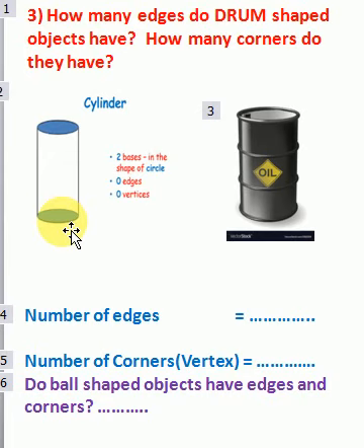One is this one and second one is this. The two bases are circular in shape. So number of edges is 2. And number of corners, vertices, is no corners at all. So 0.